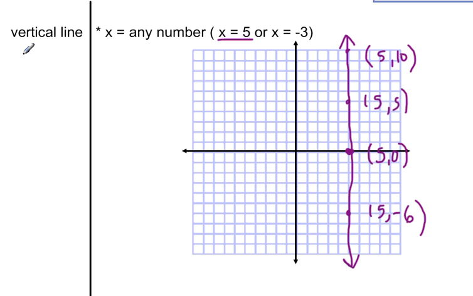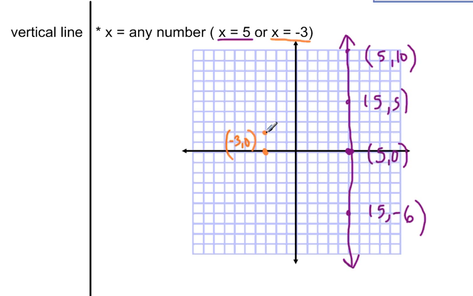And I'll do the graph of x equals negative 3 in the same way. So I'm going to first go to, on the graph, my origin, and I'm going to go left 1, 2, 3. This is the point negative 3, 0. But that's not the only place on the graph where there is x equals negative 3.